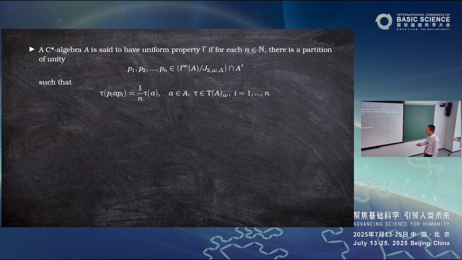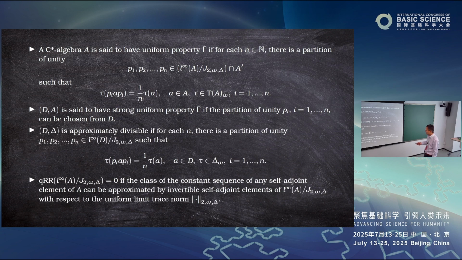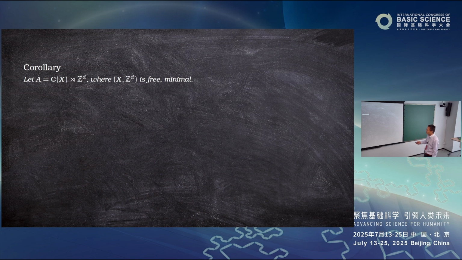Again, I'm going to skip some terminology, like what is the uniform property gamma, and strong uniform property gamma, and so on. And here are some corollaries.